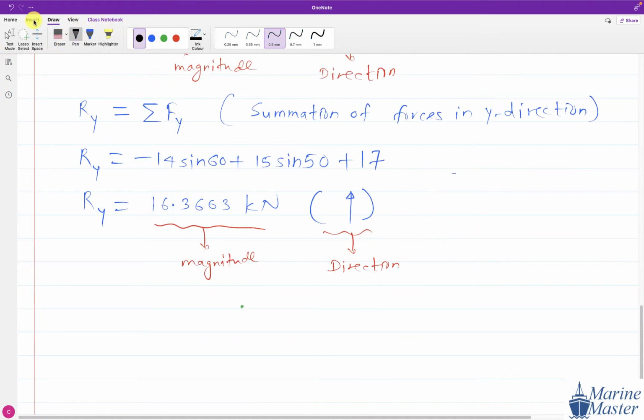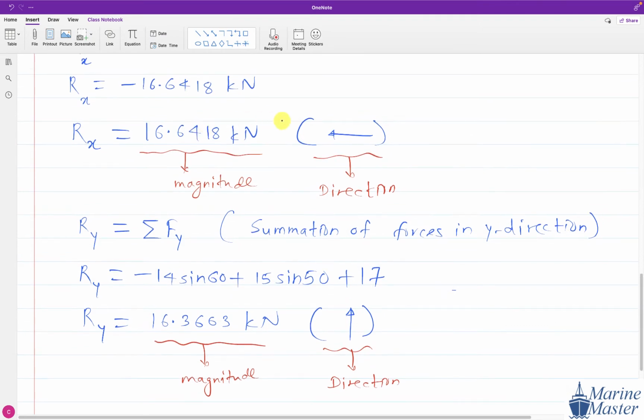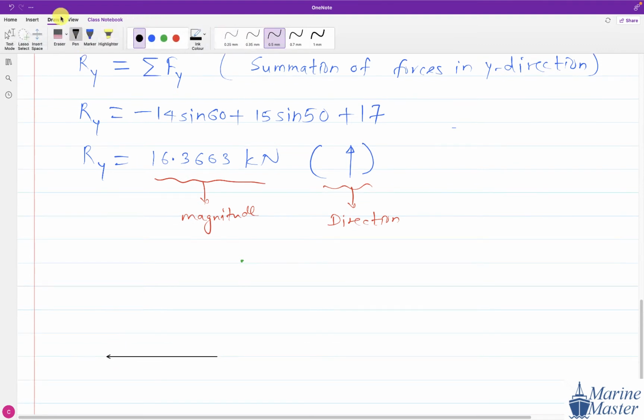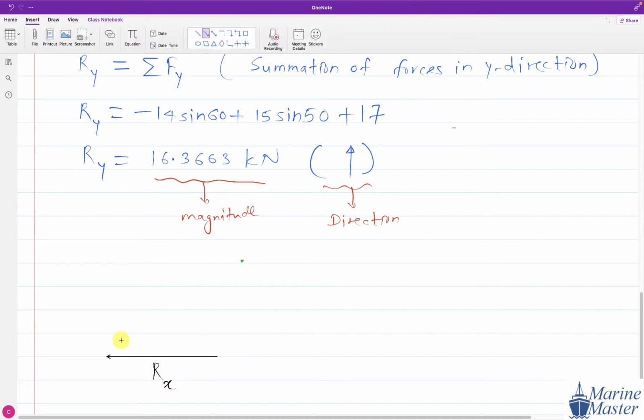To get the triangle way, first of all we draw Rx. What is the direction of Rx, sir? Negative x direction. Then where Rx ended, we draw Ry.